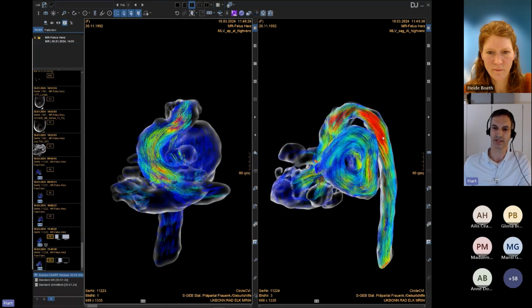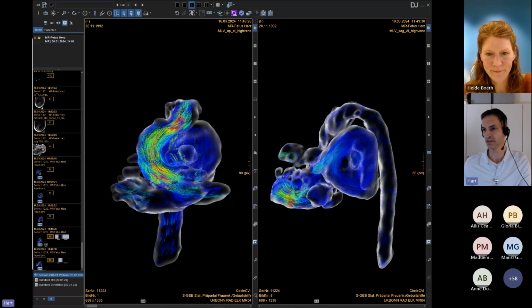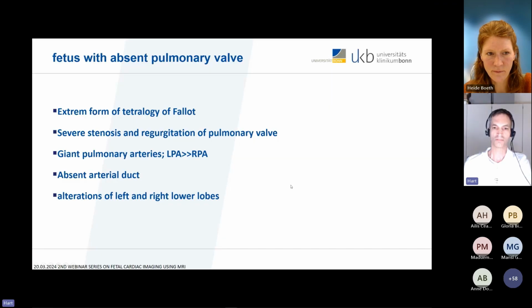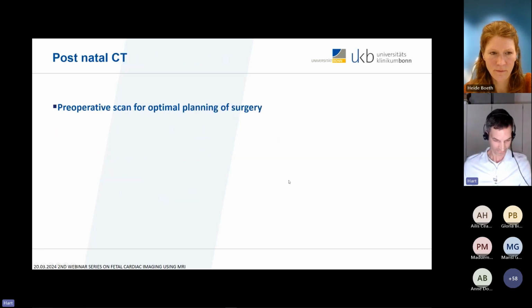Again, aortic arch over here. This just adds to the understanding of the problem of the child. I go back to my presentation.